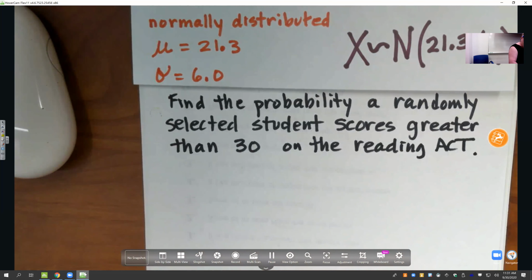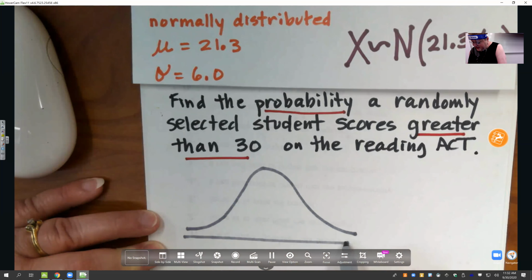Okay, the question itself is almost worded the same way. It's still asking me to find the probability, but this time it says greater than 30. So visually, again, I have my horizontal number line, bell-shaped curve, mean is in the middle, which is given to me as 21.3.